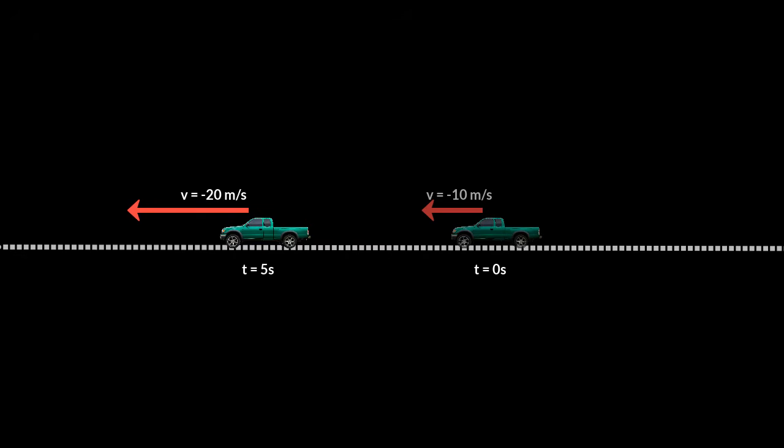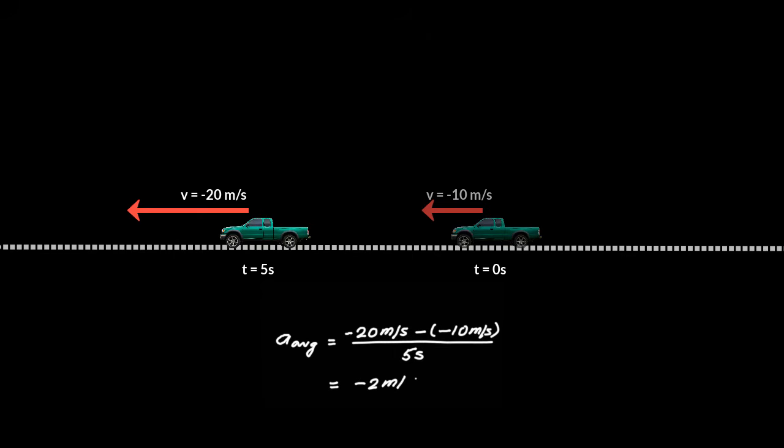Let me give you another example where a car is moving at a velocity of minus 10 meters per second and its velocity is increased to minus 20 meters per second in 5 seconds. The acceleration of this car will be v final, that is minus 20 meters per second, minus v initial, that is minus 10 meters per second, divided by time, which is 5 seconds, and this equals minus 2 meters per second square.